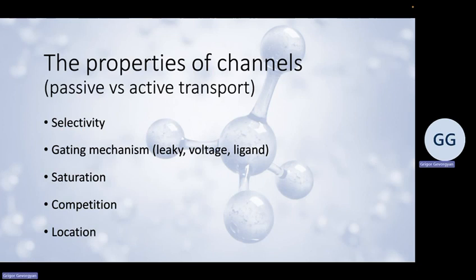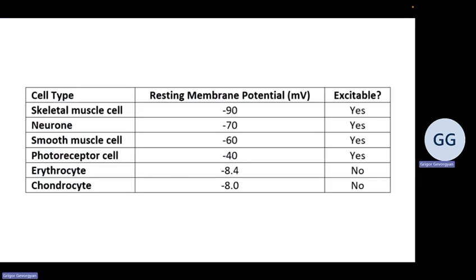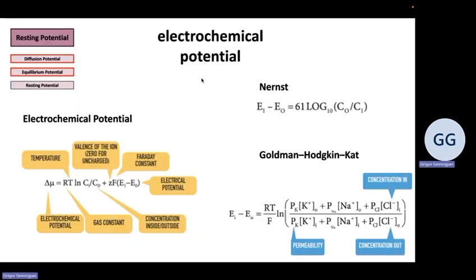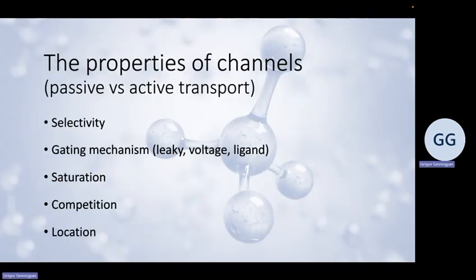Now you can ask me, how are those concentration differences established? Why, for example, can sodium not flow in if it has both a concentration gradient and an electrical gradient which drive the sodium in? I would answer, the semi-permeable membrane. The membrane is not permeable for everything.